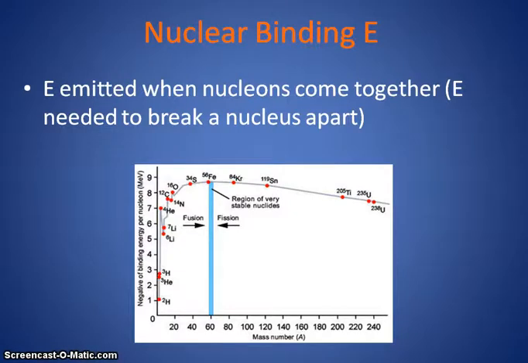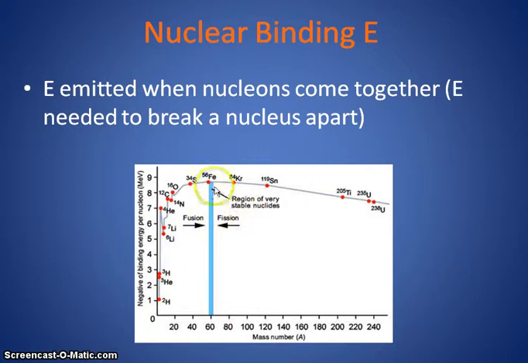Nuclear binding energy is the energy that is emitted when nucleons come together. So it's the energy that would be needed to break a nucleus apart. If you look at this diagram here, down here at the end, it says the repulsions are going to become more significant because the energy is going to decrease.